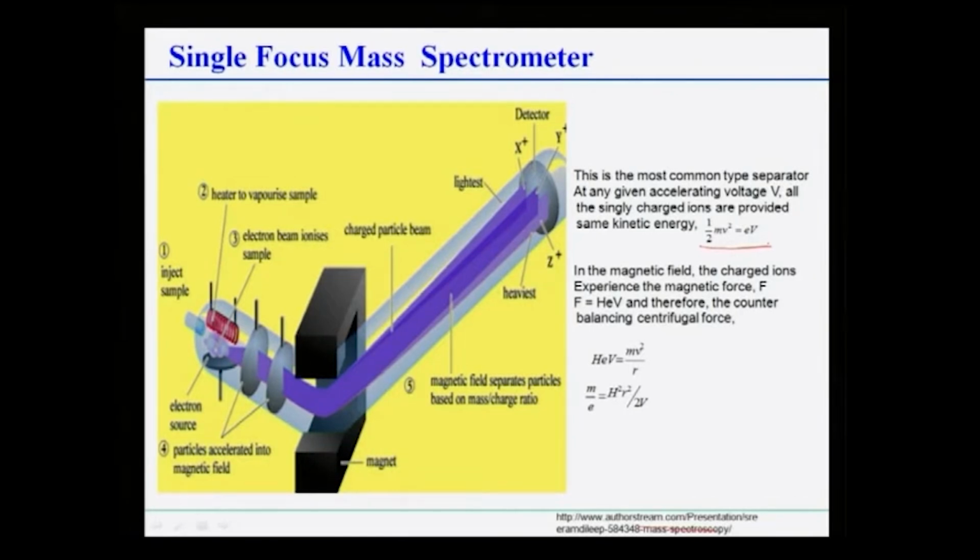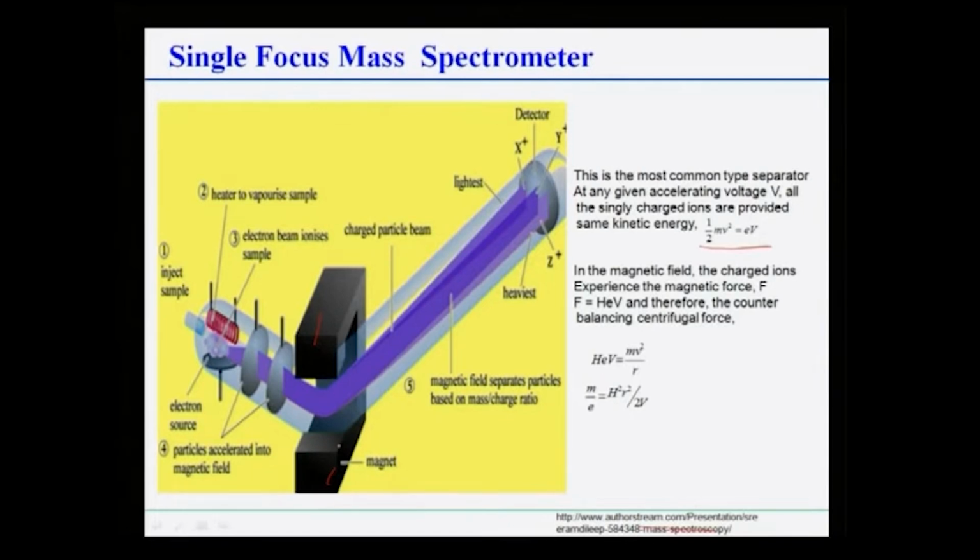Now, if you allow this charged accelerated species to pass through a magnetic field, which is shown here, this is the magnet, the charged ions will experience a magnetic force, given by HeV, where H is the magnetic field strength. This magnetic force is balanced by the centrifugal force, obviously.